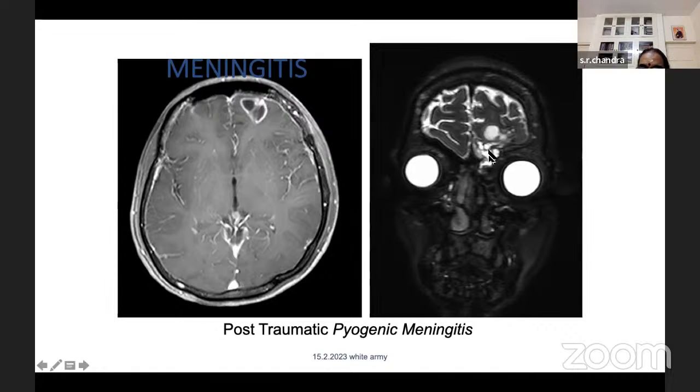That will give a clue that it is traumatic meningitis. In that case, the organisms may be non-pathogenic roadside organisms, which will be very resistant to treatment. The course of the patient may be very serious, so it is of very prognostic relevance. Organisms may be unusual organisms.